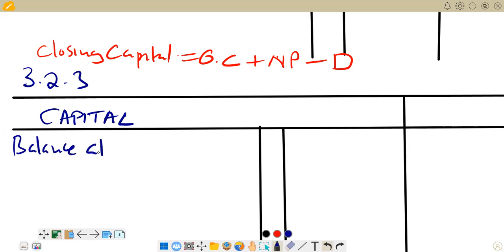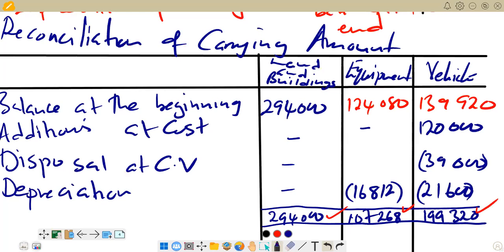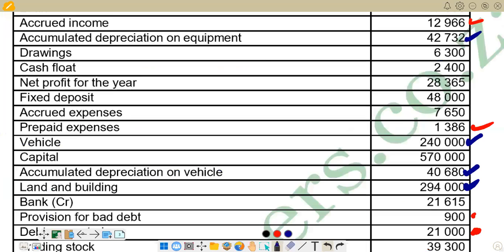Balance at the beginning. So the figure that we have there for balance at the beginning, we go and check in the question what we have in terms of that balance. The figure for capital is here, 570,000. So 570,000 here is our opening balance. Then we are going to add our net profit.